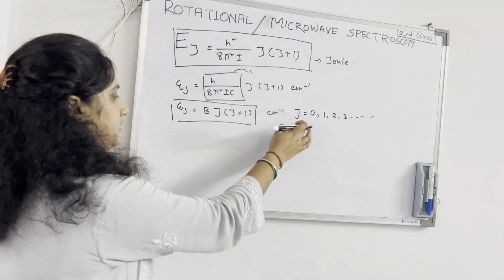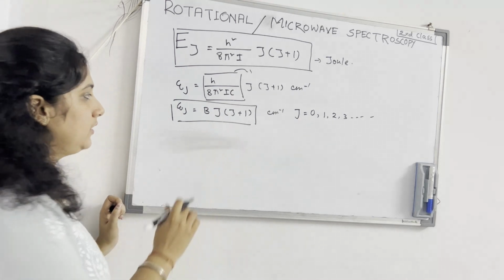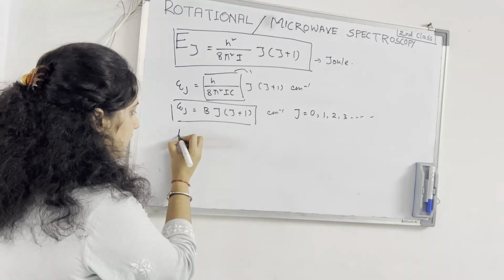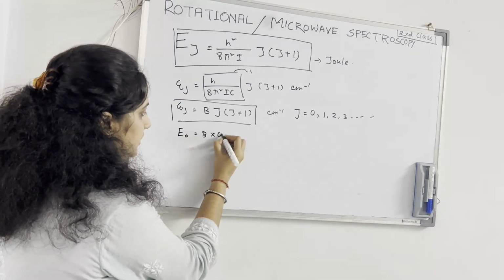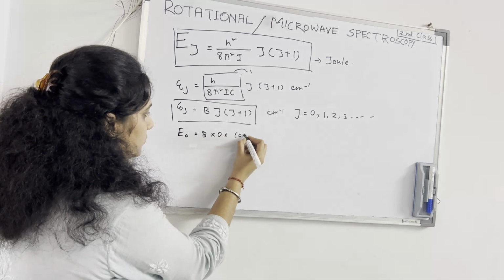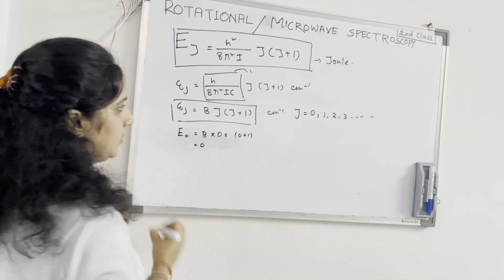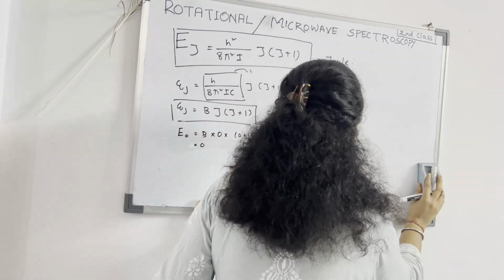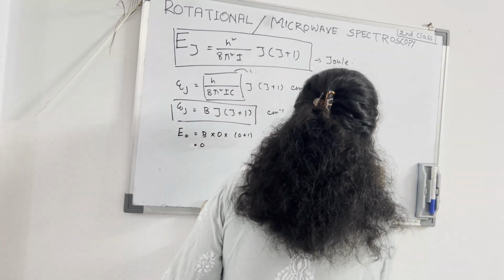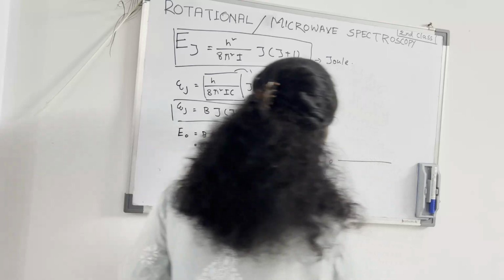Now when J is equal to 0, then the energy E0 will be B into 0 into 0 plus 1, that means 0. So the first rotational level, that is when J is equal to 0, the energy value is also 0.